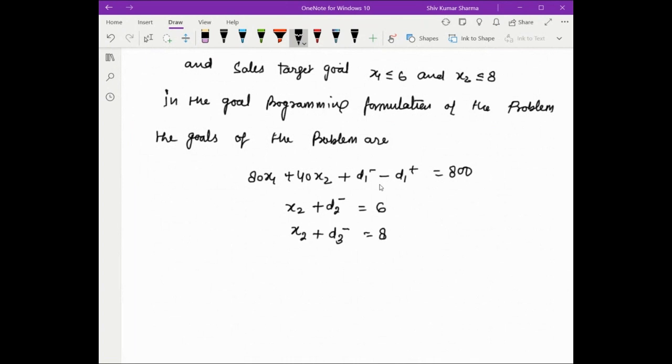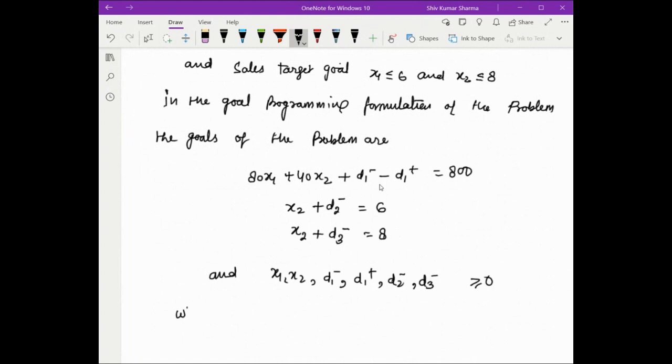D2 or D3 we consider for lamp and chair. And the variables we write as x1, x2, and D1 minus, D1 plus, D2 minus, D3 minus, all greater than or equal to 0.